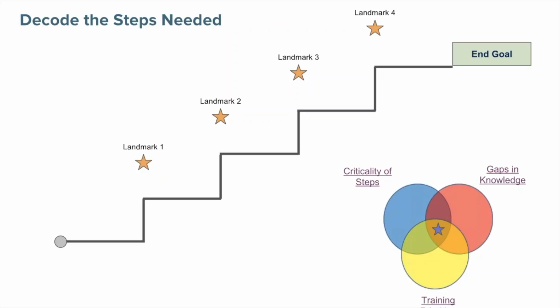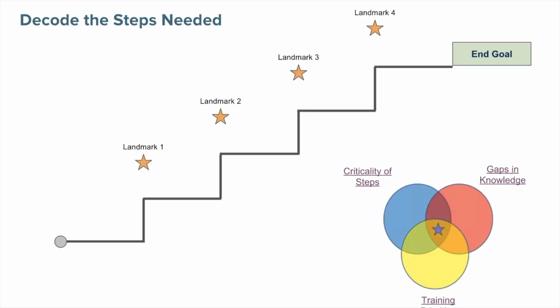But if you're doing a 4-hour program for coaching, then your difficult conversations piece might only be 30 minutes. You might only have 1 landmark. So it's really a combination of these 3 different factors that dictate what your landmark should be.